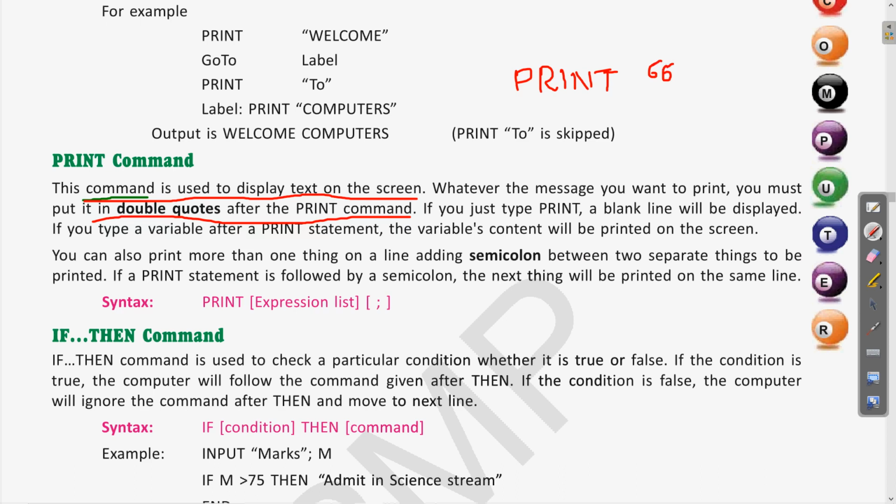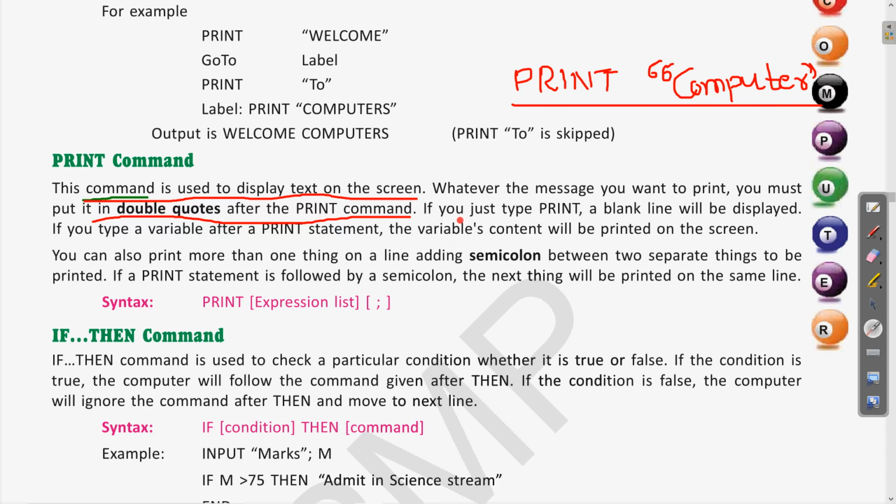So if we want to print computer, write that string in double quotes and write it with the print command. Clear? So here you can see that we have written print, then in double quotes the value computer. So this statement will print the text computer on the output screen.